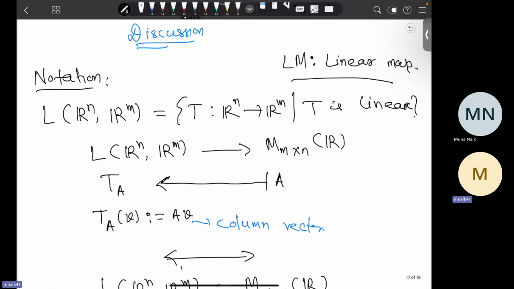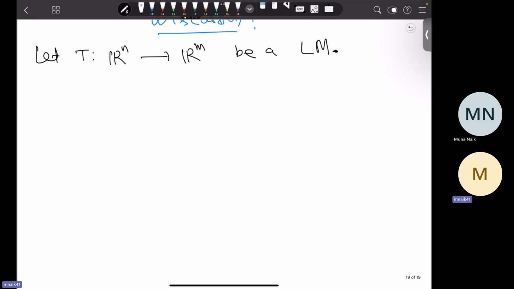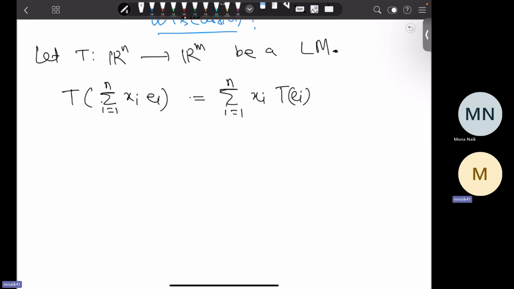The thing is, if you look at T of the summation of i equal to 1 to n, xi ei, since T is linear, this will be the summation of i equal to 1 to n, xi T of ei. Now I can take the norm on both sides.